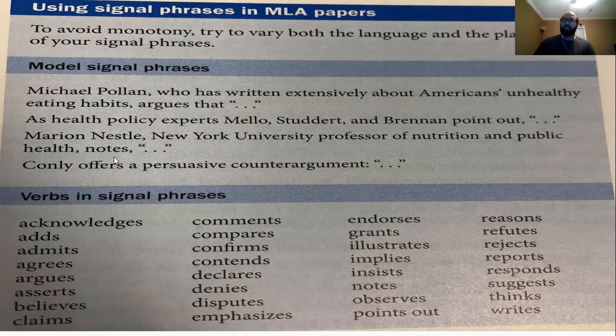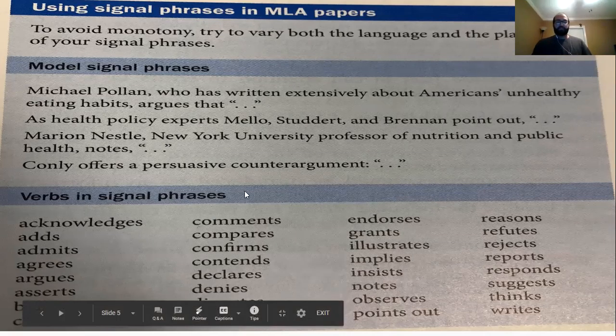So you can see that these verbs signify to your reader the direction you're trying to go. And then you can see a chart here on page 450 for verbs in signal phrases. I won't go through them all because there are about 50 of them here, but each verb relies on the context of what you're trying to do with that quote.